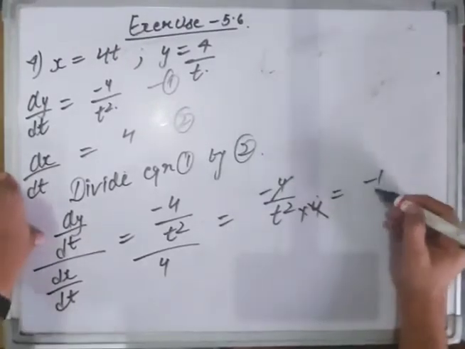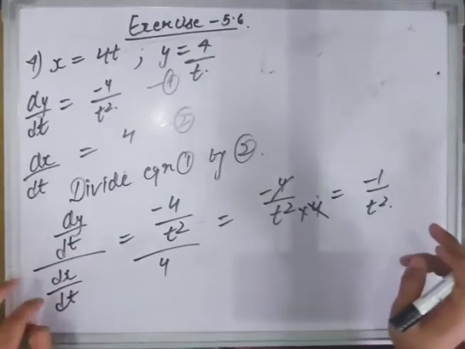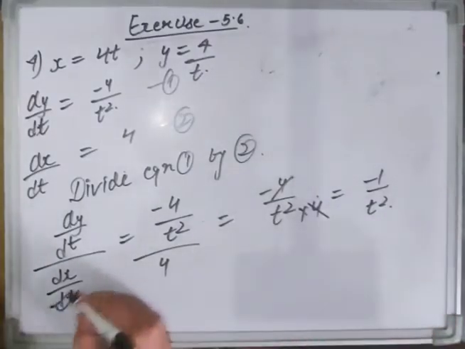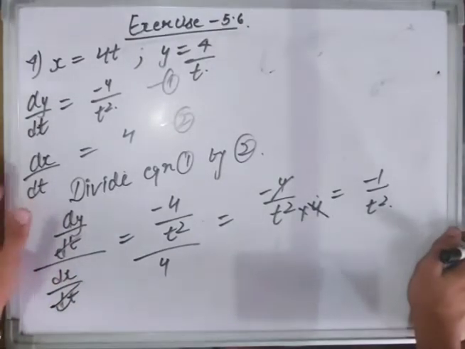We have minus 1 by t square as the value of dy upon dx. So this was the value of dy upon dx, and the fourth question is done.